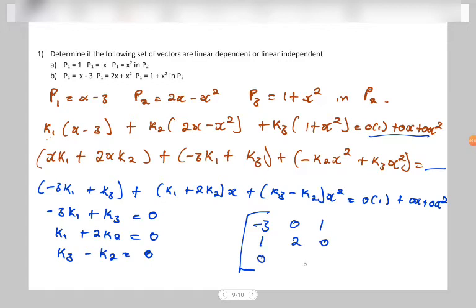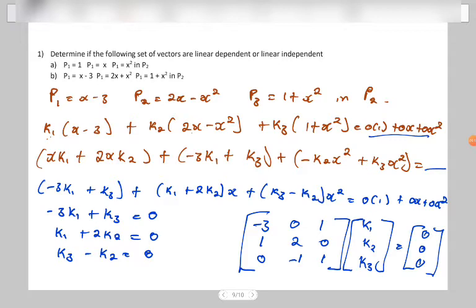You can say this is multiplied by k1, k2 and k3, and corresponds to 0 0 0, and you can find the values of k. When you get the values of k, that is where you determine whether this system is linearly dependent or linearly independent. Okay, so let me just copy this and go and solve it for you.